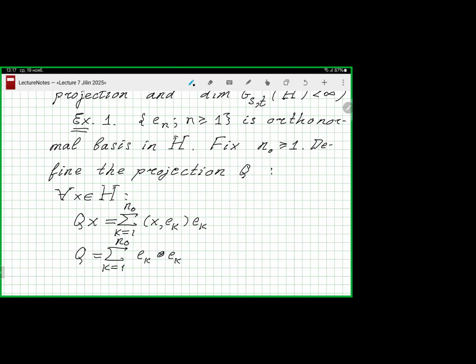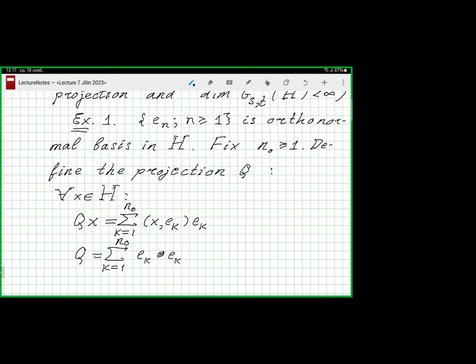So the construction of the projection is very simple. We just take the orthonormal basis in our Hilbert space and organize the action of the projection as a killing of all coordinates except some finite number.